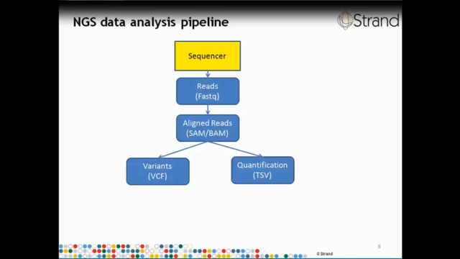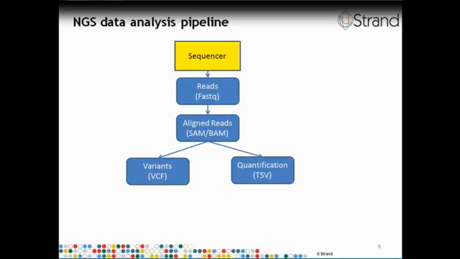Avadis NGS allows you to import many of these results into the tool. If all of this data has been generated via a MiSeq run, we can directly import the variants that have been generated by MiSeq. We can also import the tab delimited quantification results. If one wishes to carry out the analysis within Avadis NGS itself, one can import the aligned reads which are in SAM or BAM format into the tool and carry out the SNP detection or the quantification within the tool.